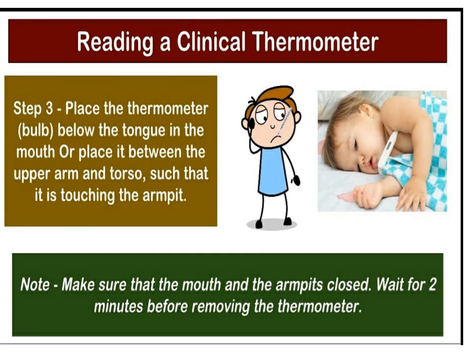As you can see in the image also, the baby is having it in the armpit, and one who is a bit bigger than the baby, a teenager or more than 5 years old, can put it in their mouth also. Make sure that the mouth and the armpit are closed. Wait for 2 minutes before removing the thermometer.